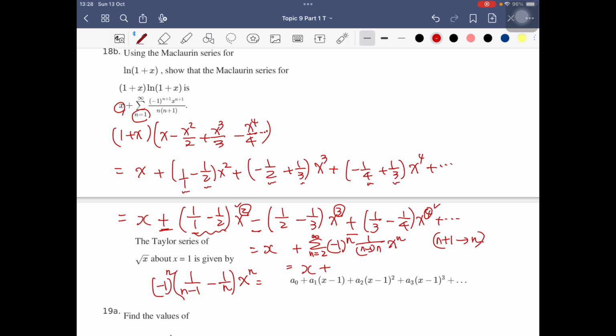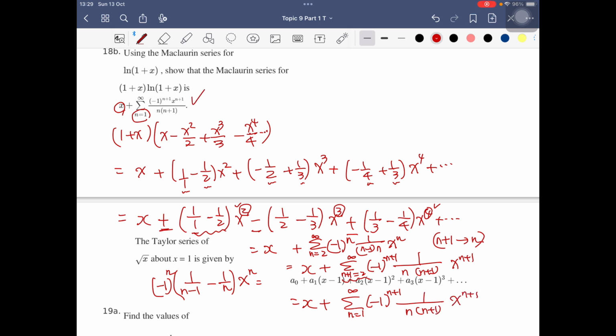Then the sum with n plus 1 equals 2 to infinity, negative 1 to the power of n plus 1, x to the power of n plus 1 over n plus 1. So this becomes n starts from 1 to infinity, negative 1 to the power of n plus 1, x to the power of n plus 1 over n plus 1. So now we showed it.